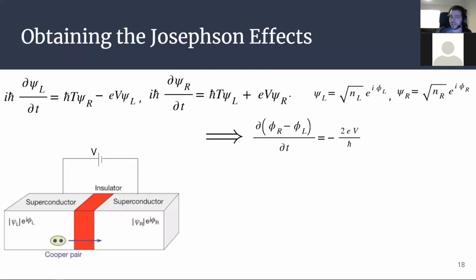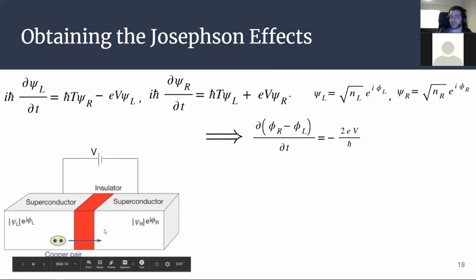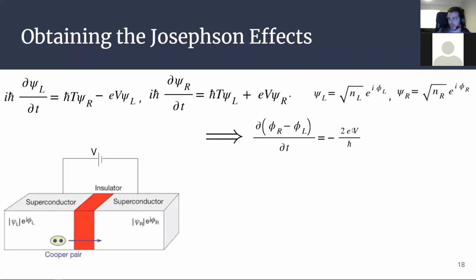Here we assume that the voltage is not so big, that the Cooper pair densities are almost equal to each other. So that's the assumption we made here. And this gives us the rate of change as 2 times the electron charge, 2e, times the voltage we are applying, divided by Planck's constant.